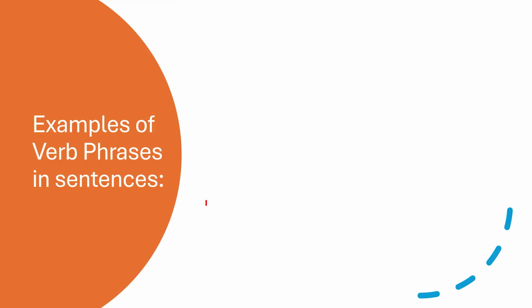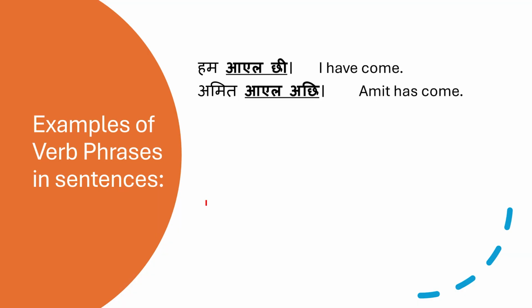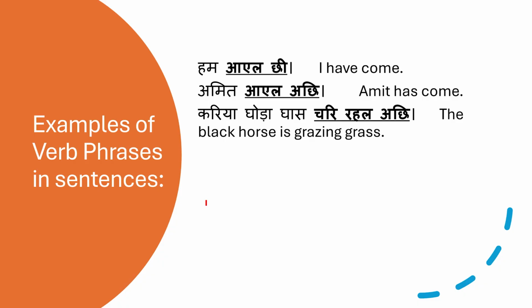So, let us see some sentences. Hum ILC, in this sentence, ILC is a verb phrase. Amit ILH, in this sentence, ILH is the verb phrase. Kariya Ghora Ghas Chari Rahal H. Here Chari Rahal H is the verb phrase.